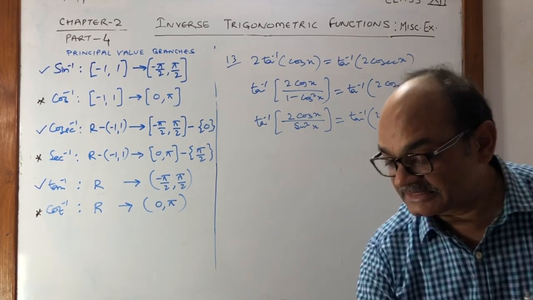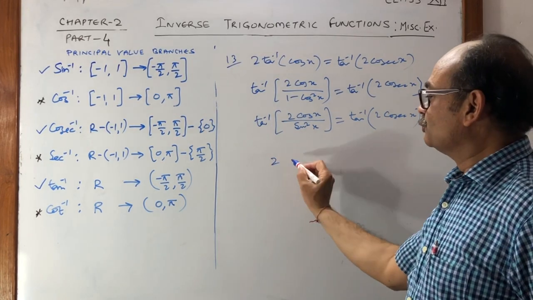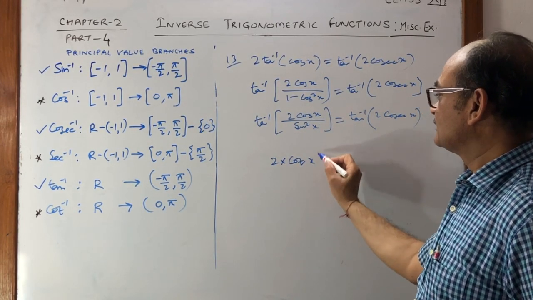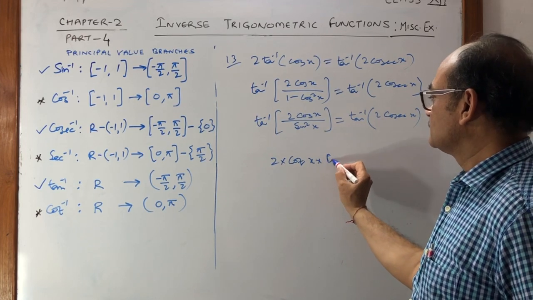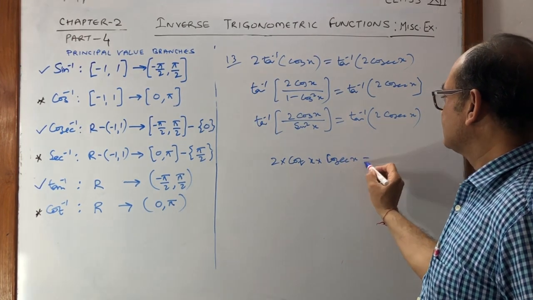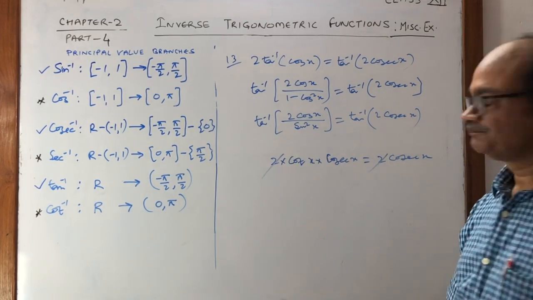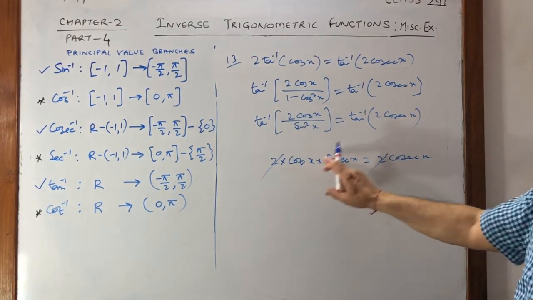Comparing LHS to RHS: 2 cos by sin is cot x, 1 by sin is cosec x, and 2 cosec x. This is cot and this is cosec.